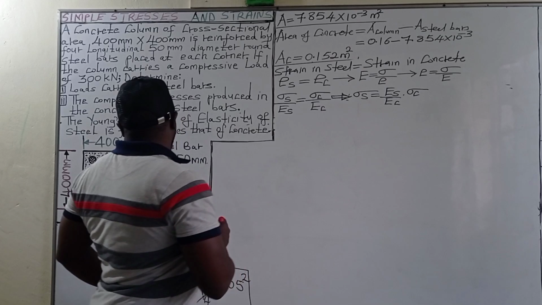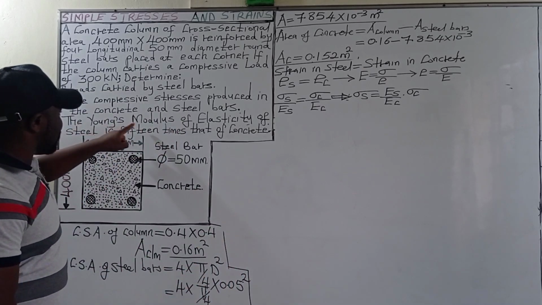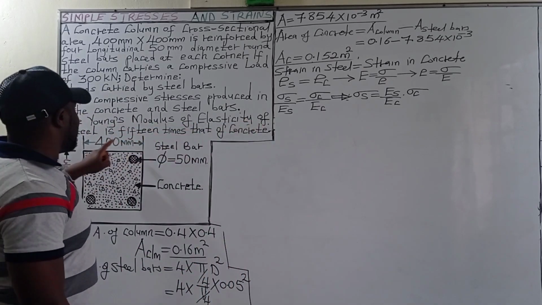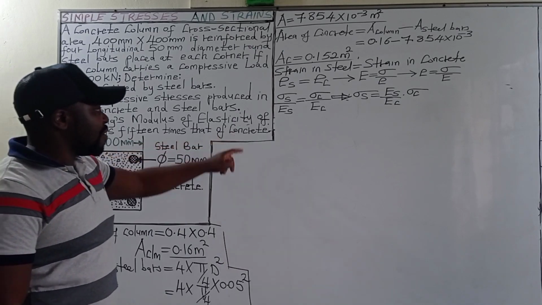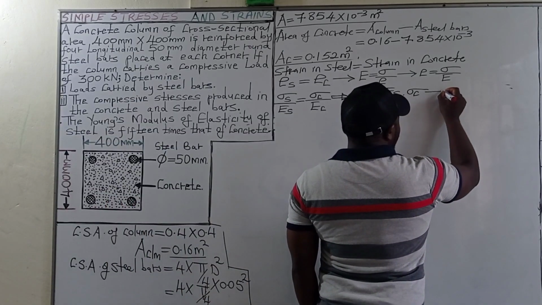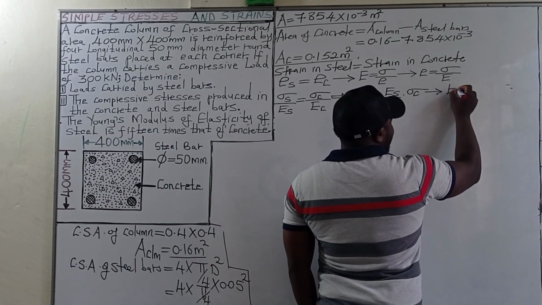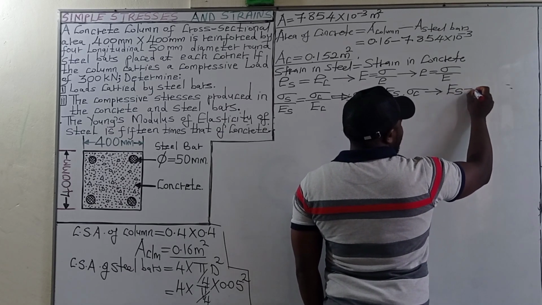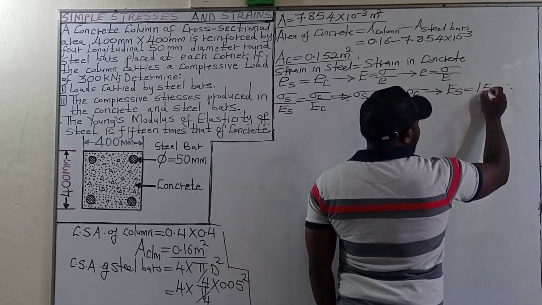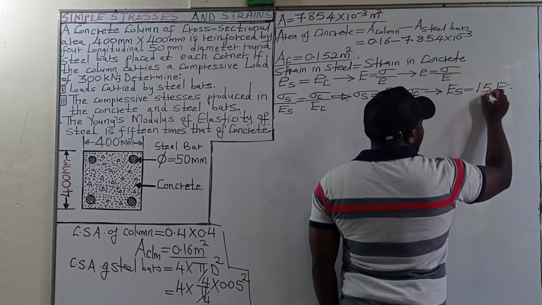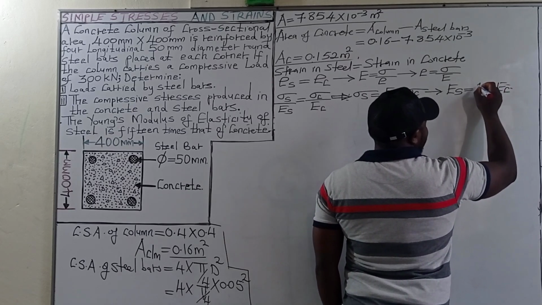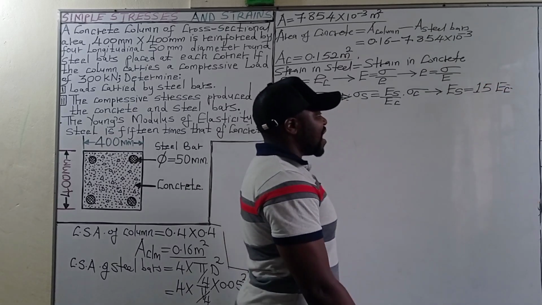Now, at this point we have been told that the Young's modulus of elasticity of steel is 15 times that of concrete. So Young's modulus of steel equals 15 times the Young's modulus of elasticity of concrete.